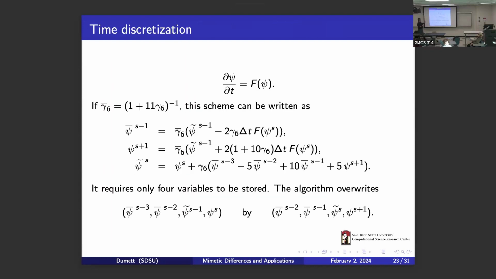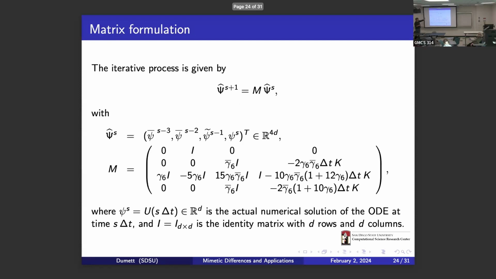And so this is the method that we use for the discretization in time. This method will need these different quantities, and what it does is iterate from this to the next quantity following these formulas. So this doesn't have anything to do with mimetic, it's just a method.